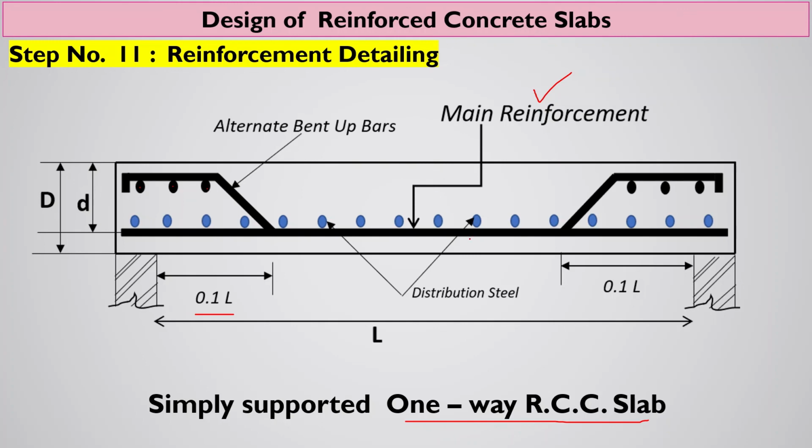Besides the main reinforcement, the blue color bars are the distribution steel which you are going to provide. So these are the complete design steps which you have to follow when you are going to design a one way type of slab.